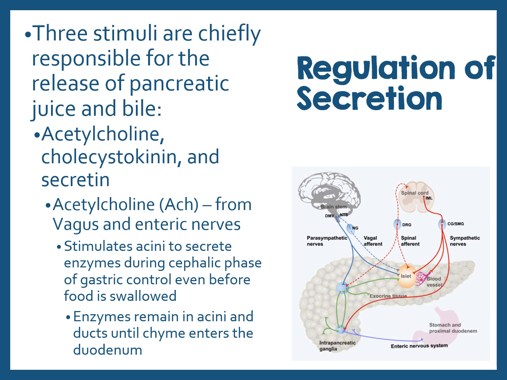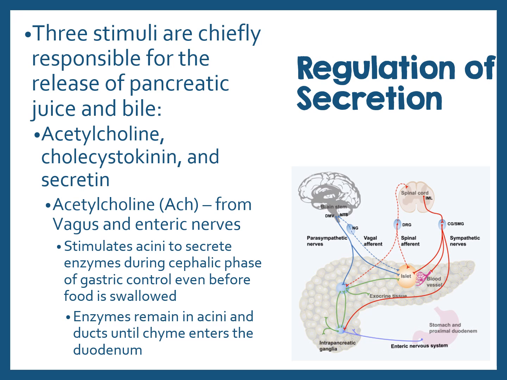So part is the parasympathetic nervous system, where we have the vagus nerve that's going to release acetylcholine. And then we will also have acetylcholine being released from those intestinal nerves as part of the enteric nervous system, specifically during the cephalic phase of digestion.